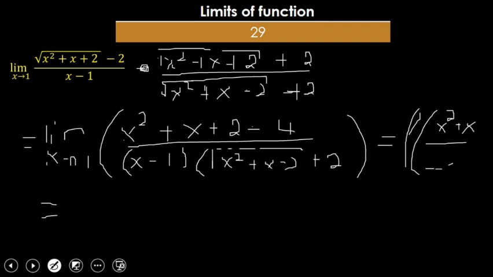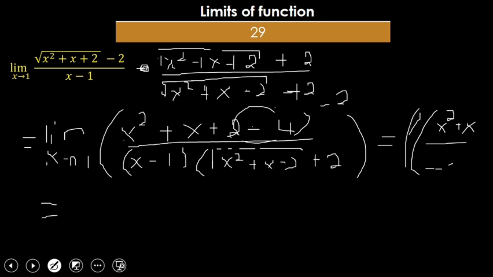As x tends to 1, if I substitute 1 here, I get 1 plus 1 minus 2, and this will be undefined because of the 0 in the denominator. So we have to further simplify. We can simplify the numerator, x squared plus x minus 2.